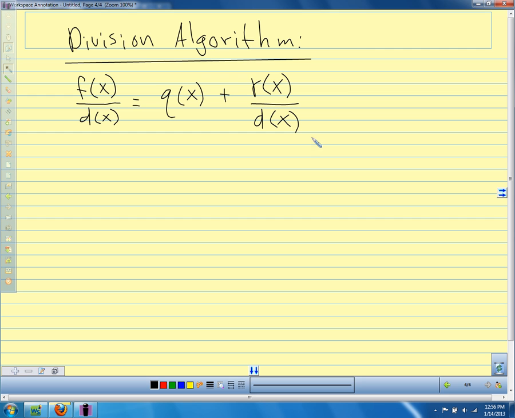And f and d are polynomials. We are not dividing by 0, so we're saying d of x isn't 0.